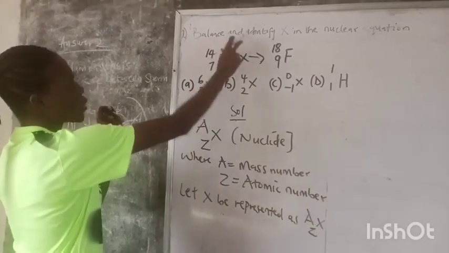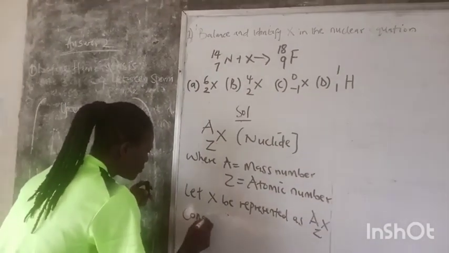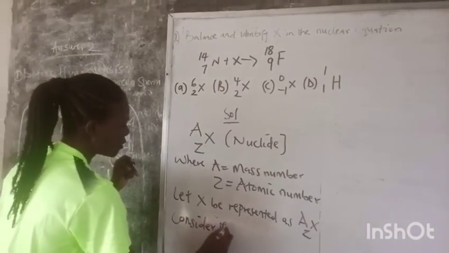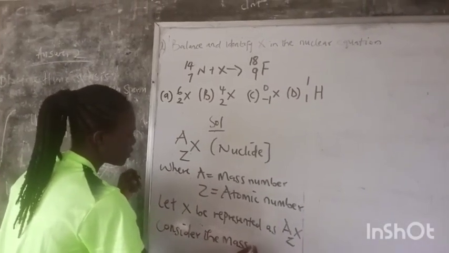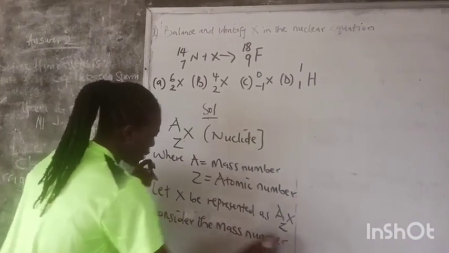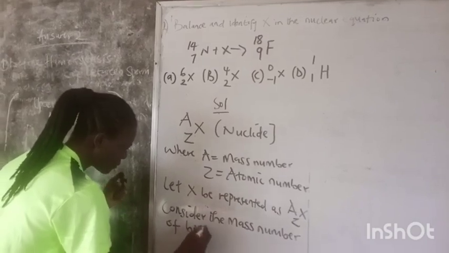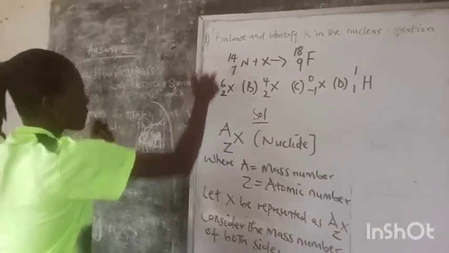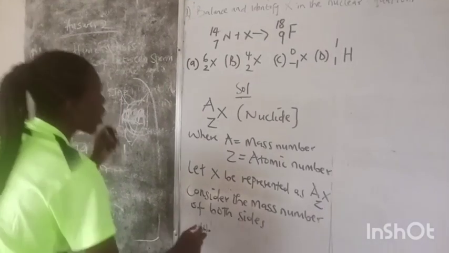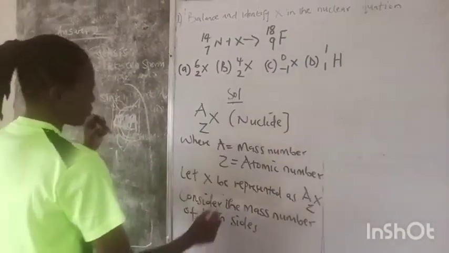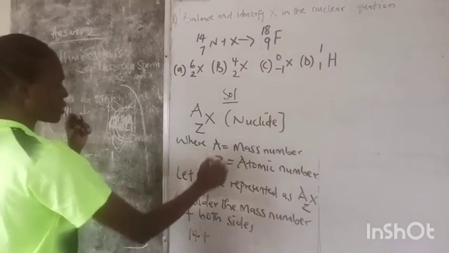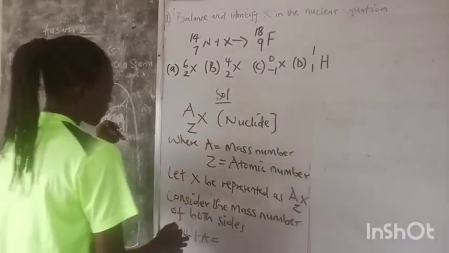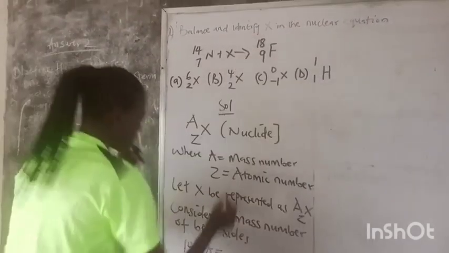To balance and solve this, first of all, you're going to consider the mass number of both sides. We have the mass number of N, that's 14. 14 plus A is equal to 18.